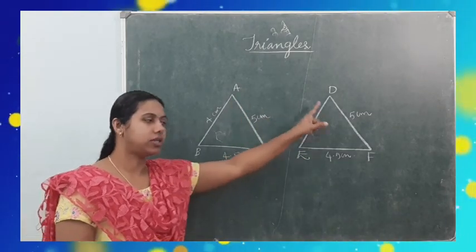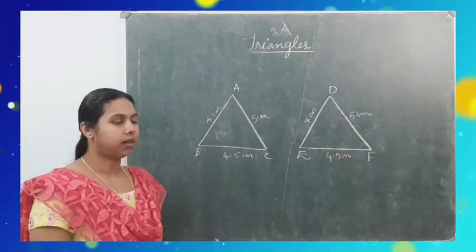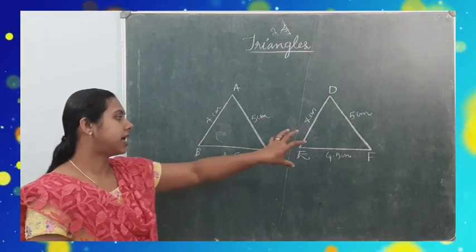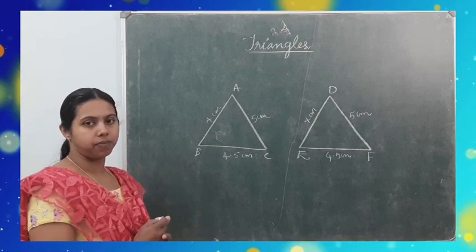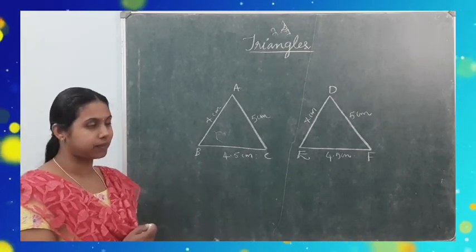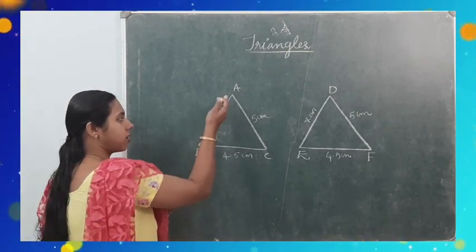And if you take this triangle and keep it on top of triangle ABC, that will overlap because they have the same measurements. So DE will cover AB.